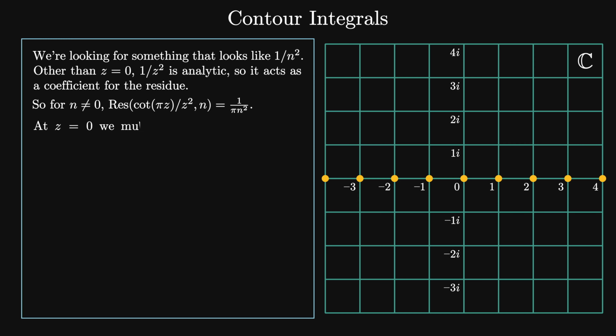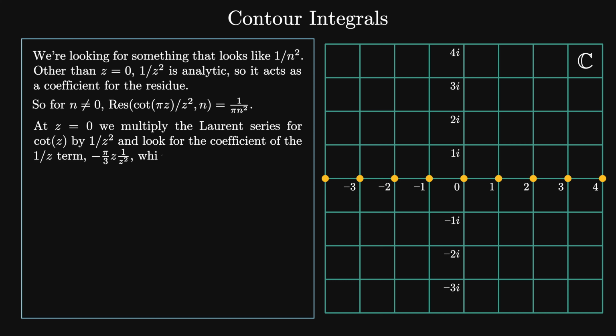At z equals 0, we multiply the Laurent series for cotangent pi z by 1 over z squared and look for the coefficient of the 1 over z term: minus pi on 3 times z divided by z squared, which is minus pi on 3.